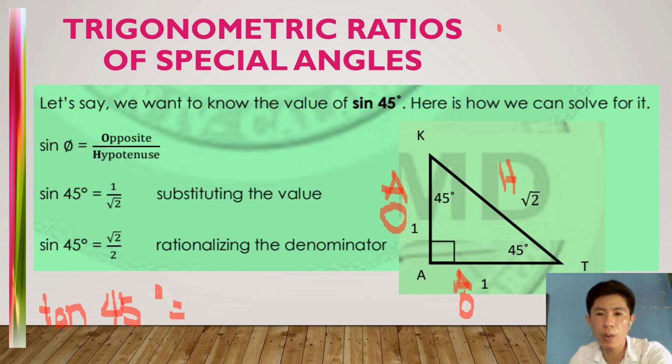We have TOA. Ayan. So, opposite over adjacent. So, ang opposite natin, which is 1. Ang adjacent natin is also 1. So, that is equal to 1. Therefore, tangent 45 degrees is simply equal to 1.